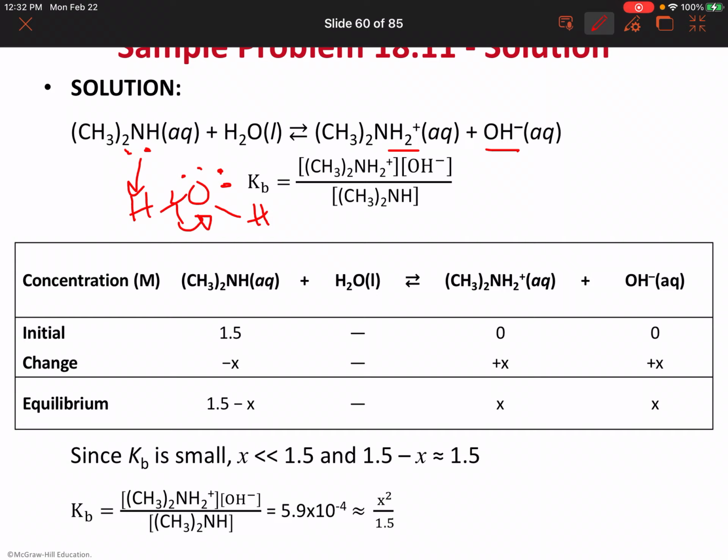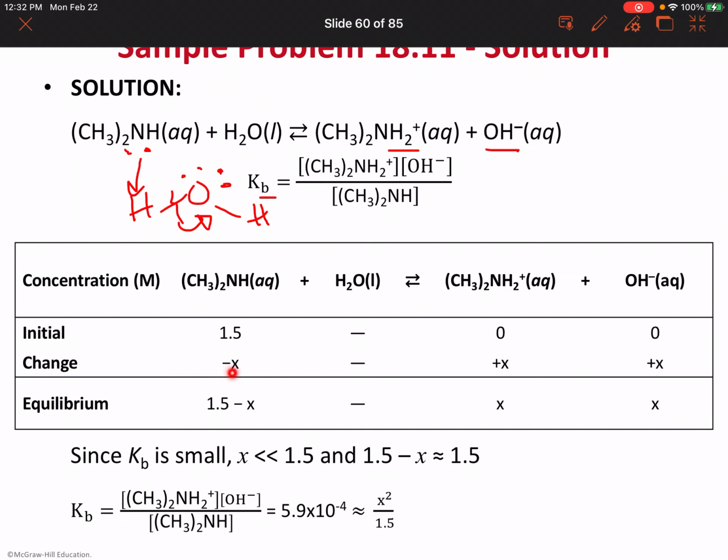Okay. So we can write the Kb expression, which is going to be protonated methylamine times hydroxide over methylamine. That's the Kb expression. And just like we did for the acids, you write your ICE table. Initial concentration was given as 1.5, and the products are not formed yet.